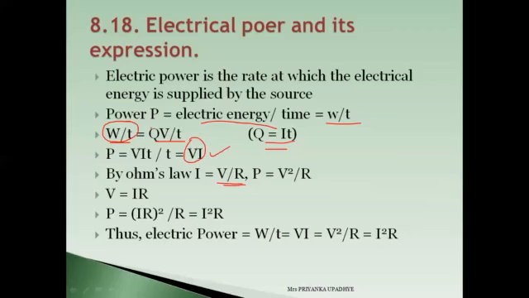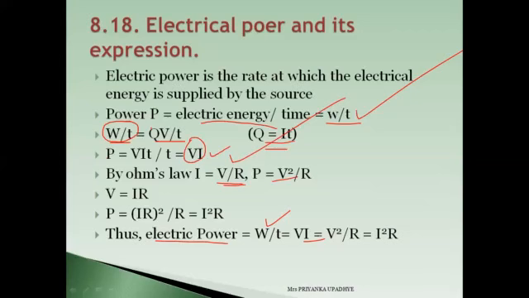P is equal to V square divided by R. Again we know that V is equal to I into R. So in place of V, I will substitute I into R. What we are getting is (I into R) whole square divided by R, which is nothing but I square R. So what we are doing here is writing the expression for electric power in different forms. Electric power is equal to W divided by T, the first one. Next V into I, the second one we got here.